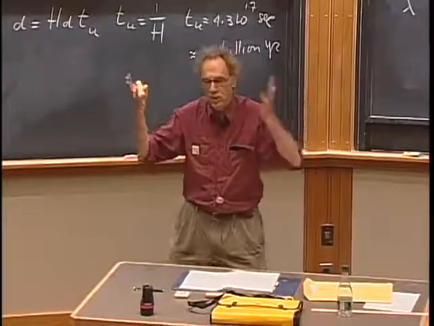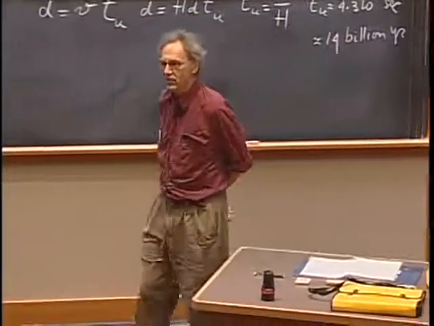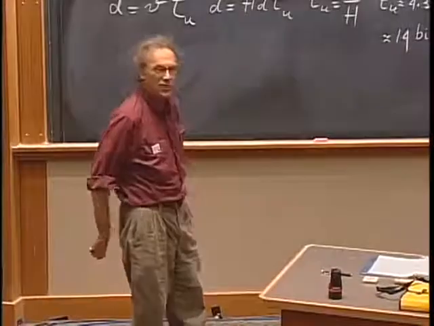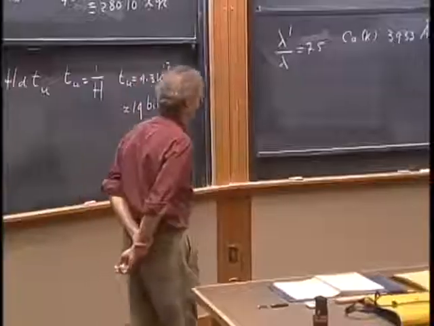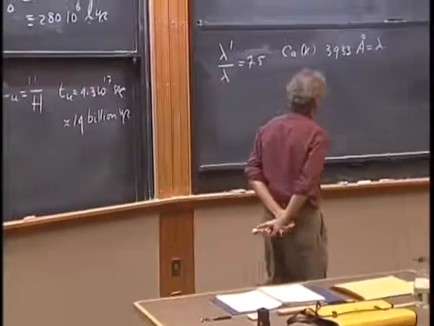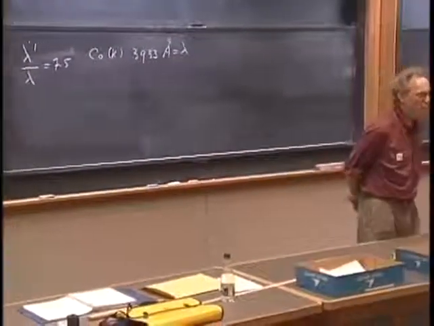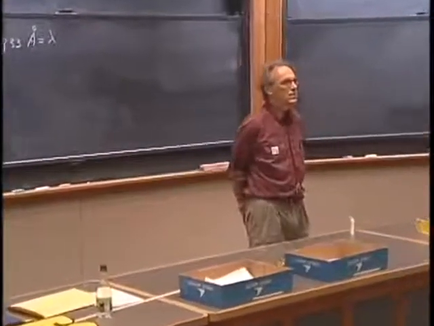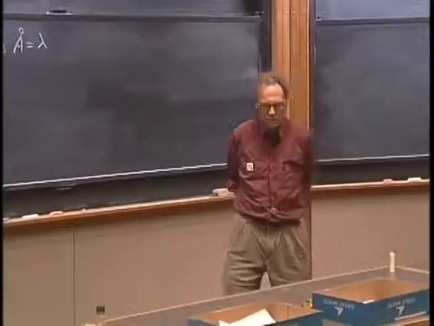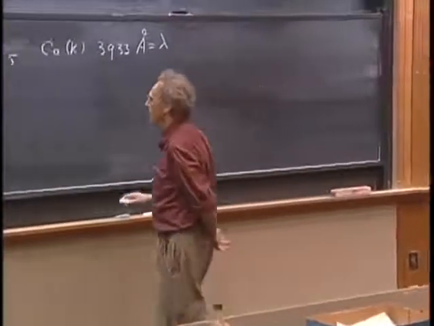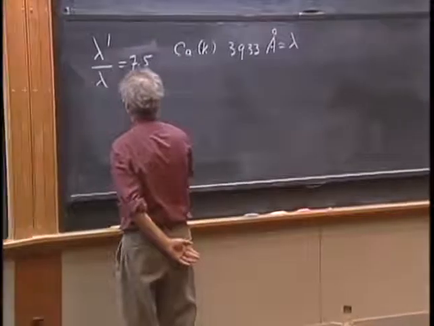And so how can astronomers ever find redshifts which are as large as that ratio 7.5? The way they do that, they look at a line in the spectrum which cannot be observed from the ground at all. It is a line emitted by hydrogen. It's called the Lyman alpha line.